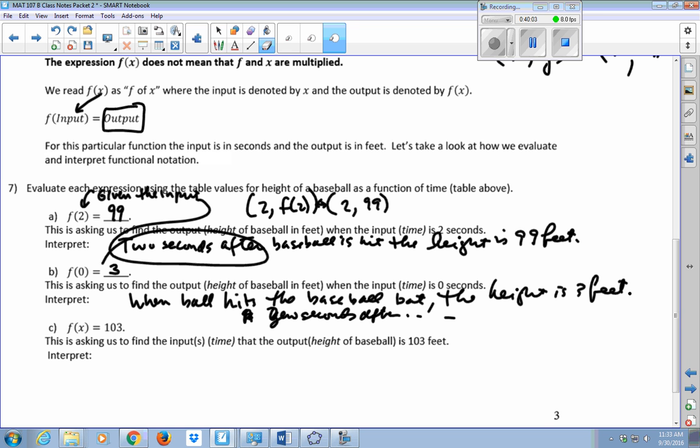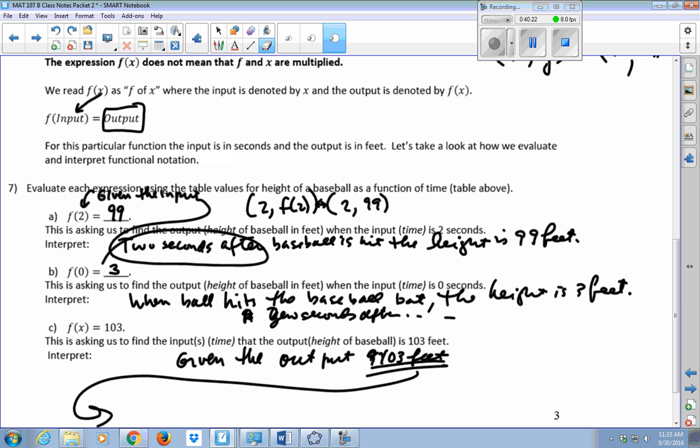Look at C. What are we given in C? Input or output? We're given the output, which is 103 feet. So our sentence begins with 103 feet.